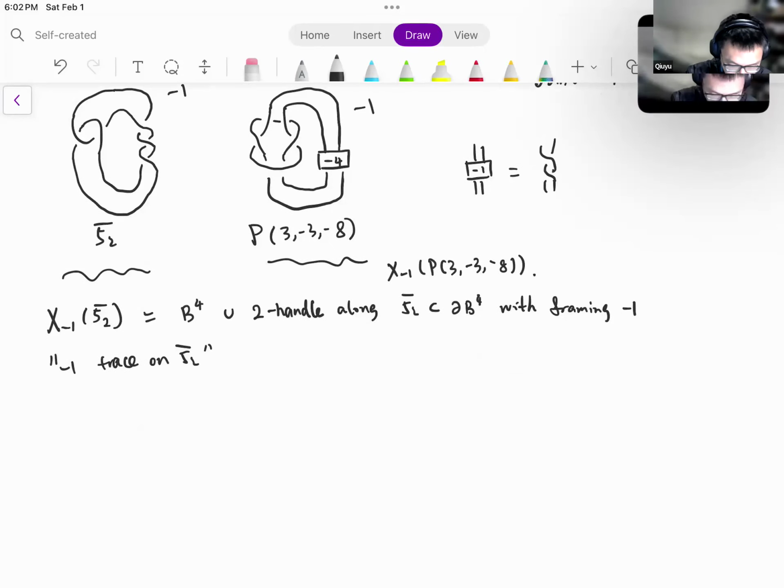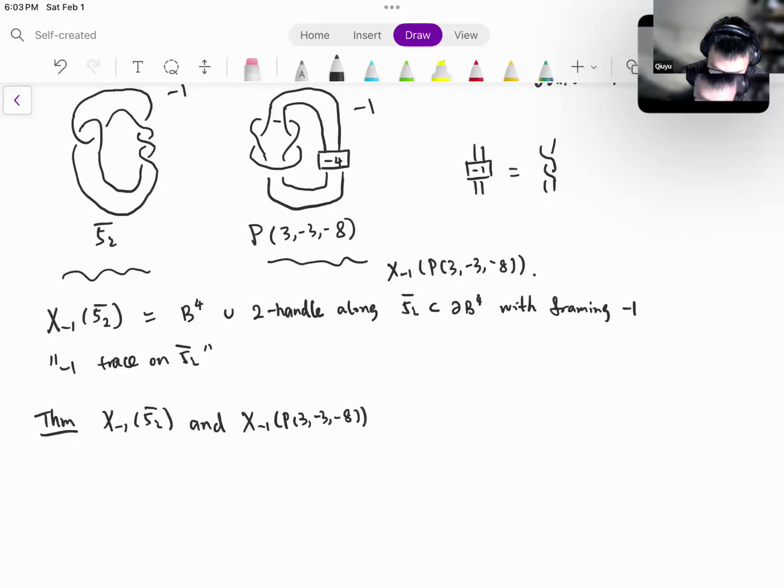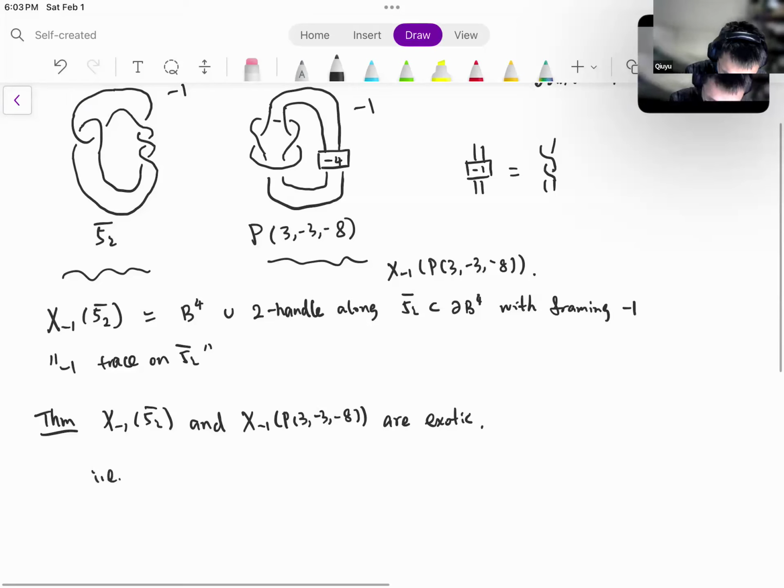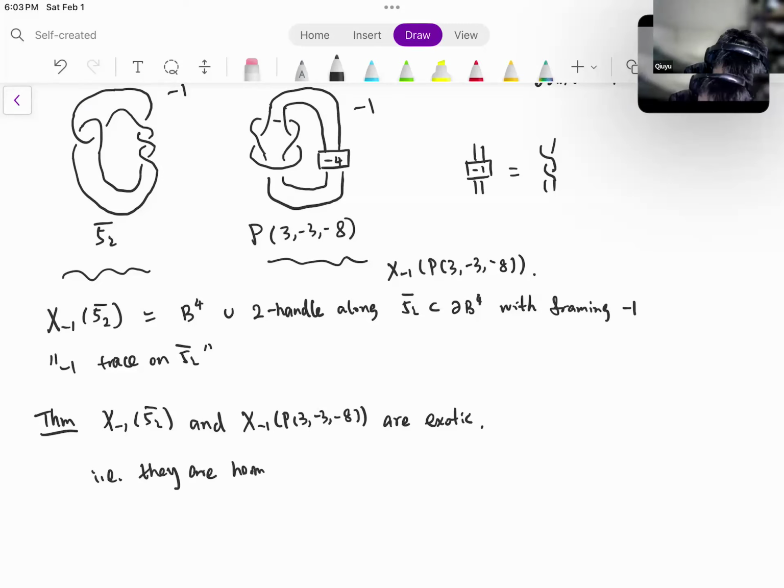The main theorem of today's talk, let me write this down, is that those two four-manifolds are exotic. In four-manifold topology, when we say a pair of manifolds is exotic, this means that they are homeomorphic but not diffeomorphic.